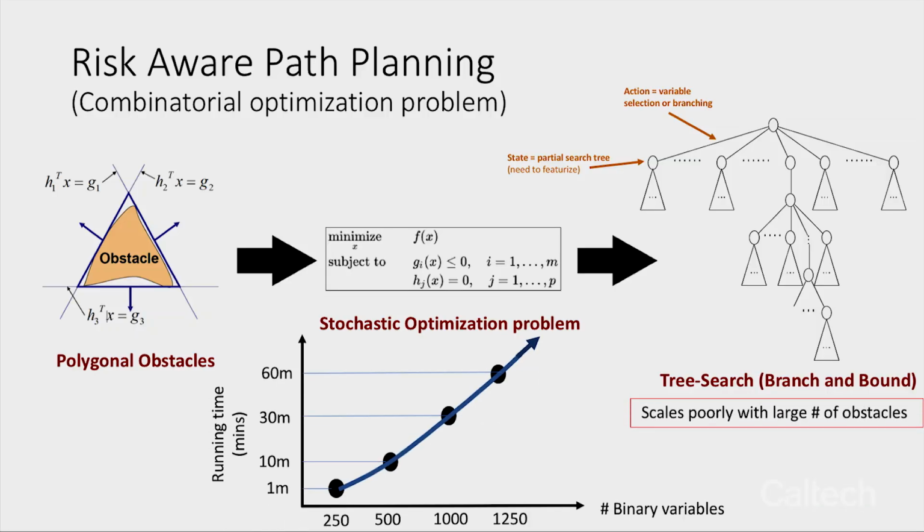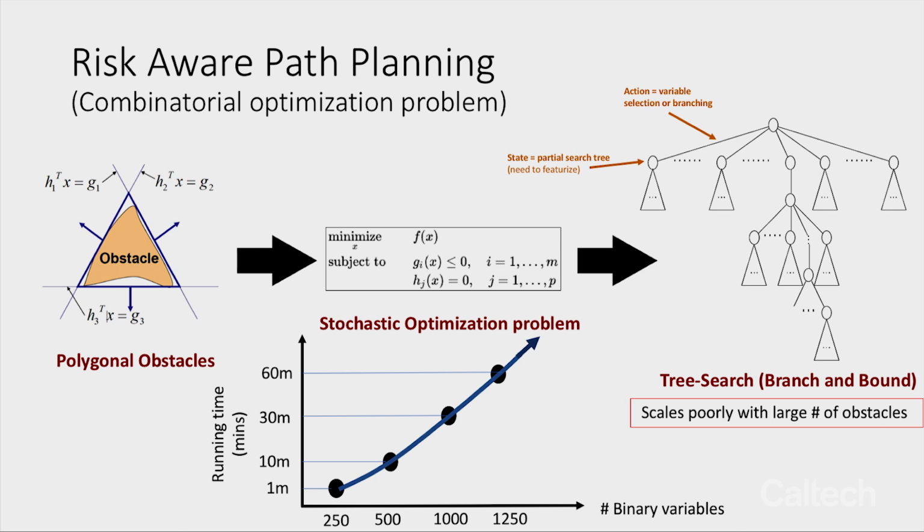So why is this hard? Because as you can see, with an increasing number of obstacles, you can read the x-axis as the obstacles ranging from 10 obstacles to nearly 50. And on the y-axis, I have the running time for some of our simulations.